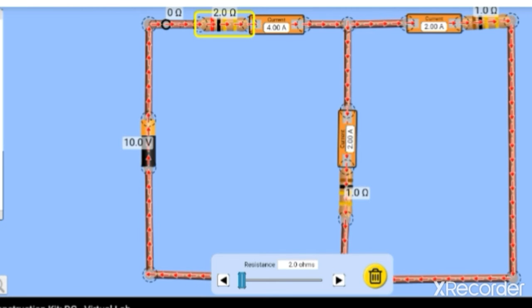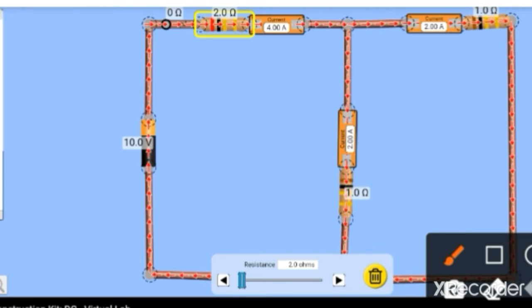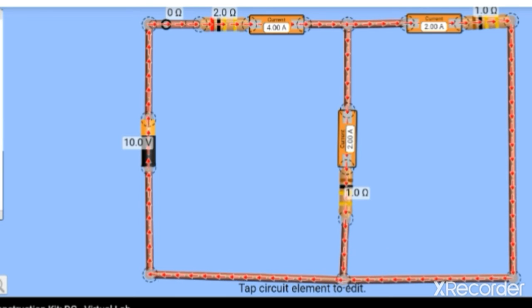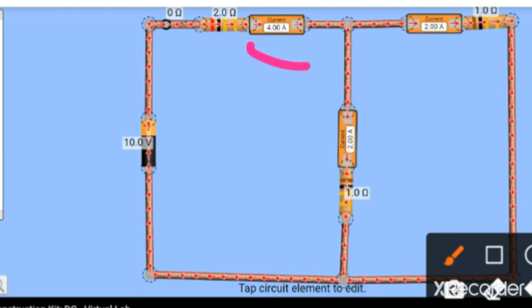Now the first resistance will be reduced to 2 ohms. So now see, the values of current in each branch will be: first branch value is 4 amps and second branch value will be 2 amps, 2 amps.